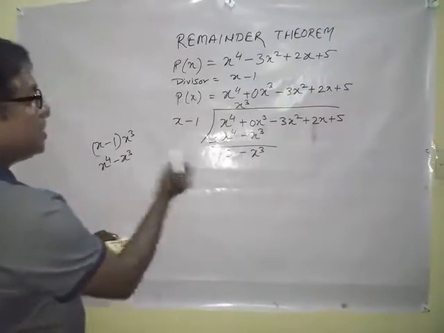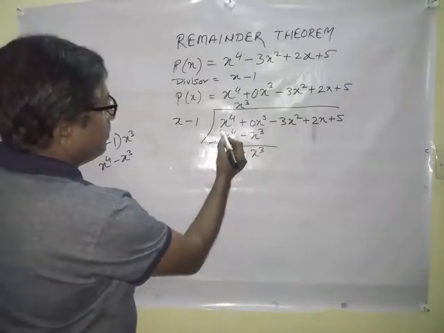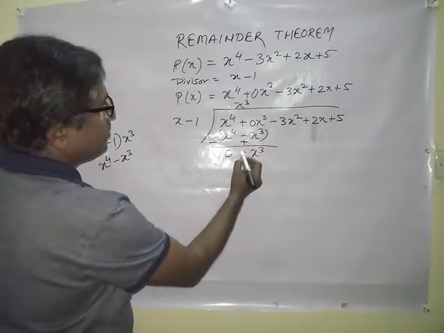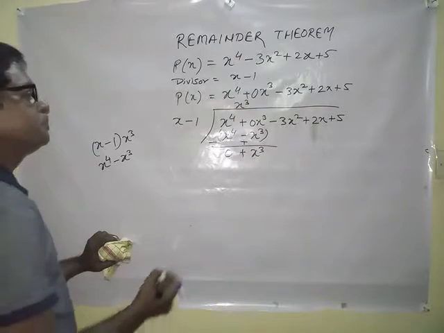Because here it is a minus, then it will be within bracket, then this minus, then this will become plus, so here it will be plus.